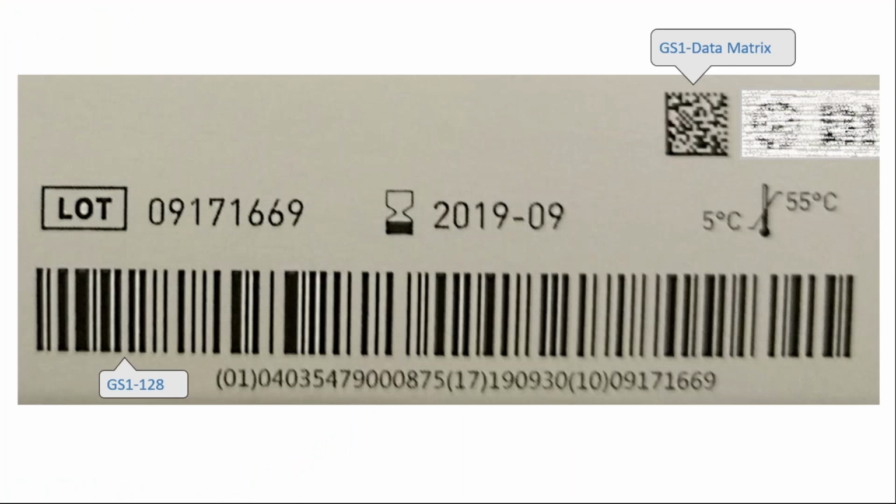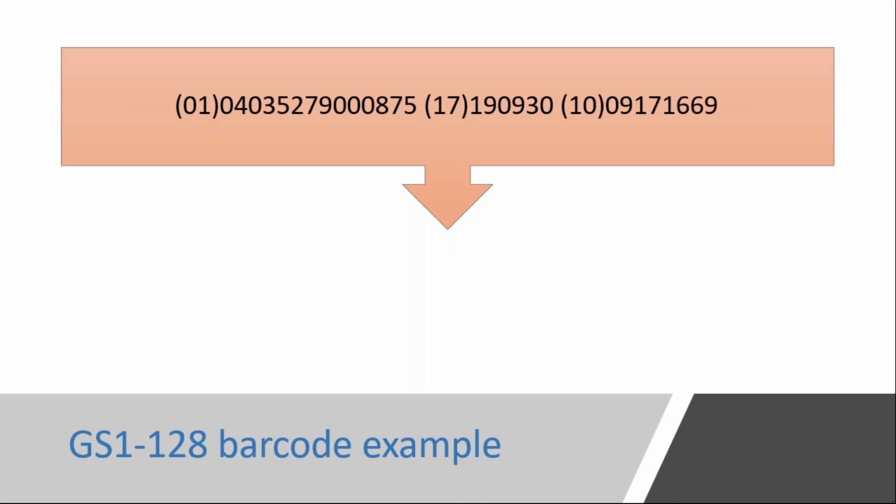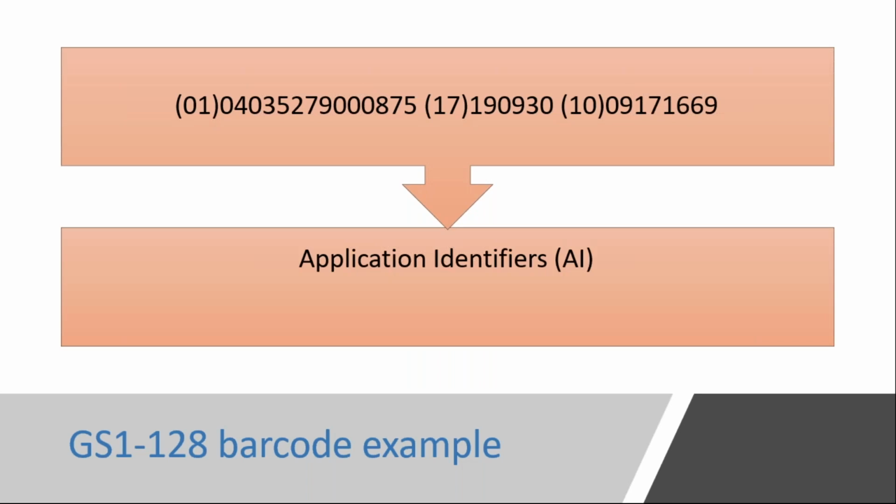And this is an example of a GS1. It has a data matrix code, but also the standard barcode to incorporate lot number, expiry date, and even temperature control. And so the format includes application identifiers. This is what the standards are all about.